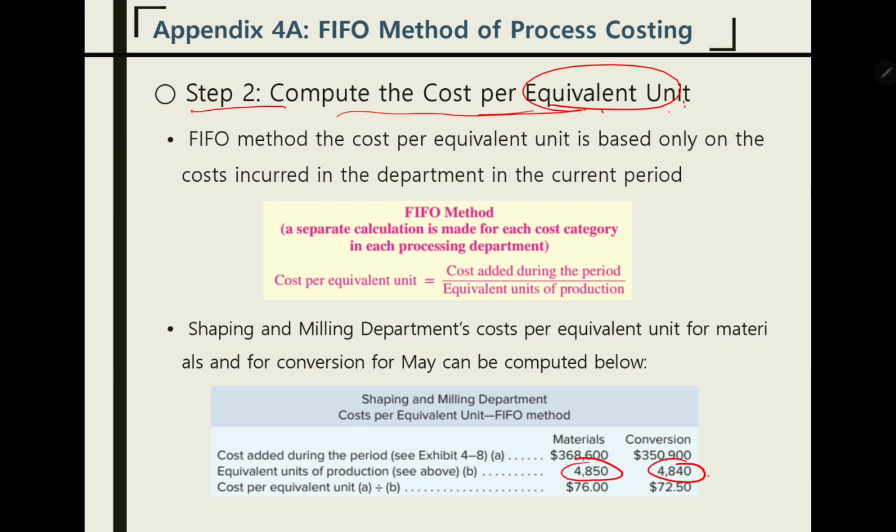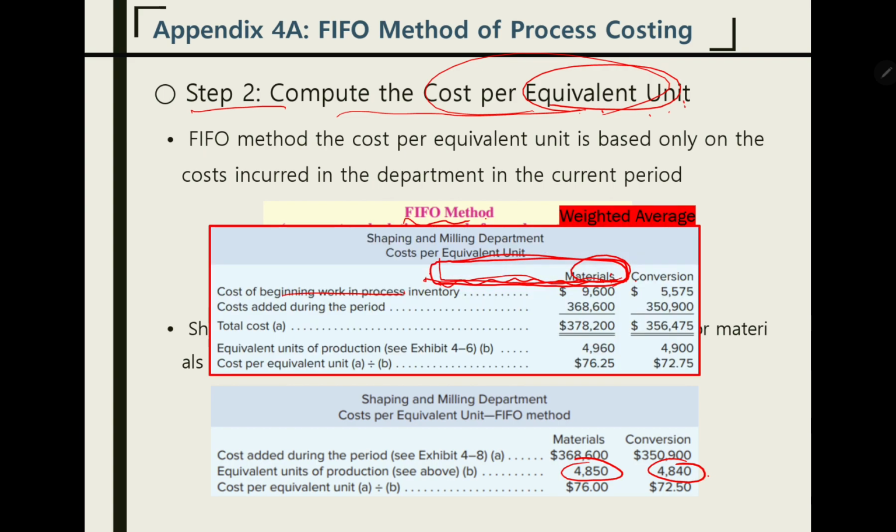And then to compute the cost per equivalent unit, we have to figure out the numerator. The numerator is cost added during the period. Okay, cost added during the period. Under the FIFO method, when we calculate the cost per equivalent unit, the numerator includes only the cost that is added during the current period. Okay, so let's compare.